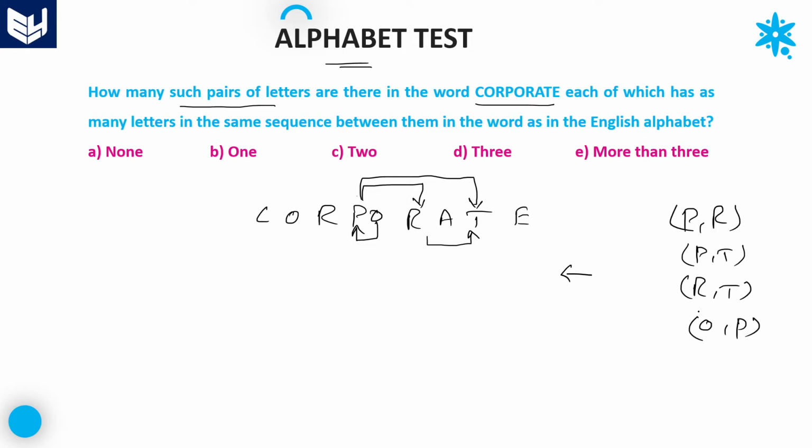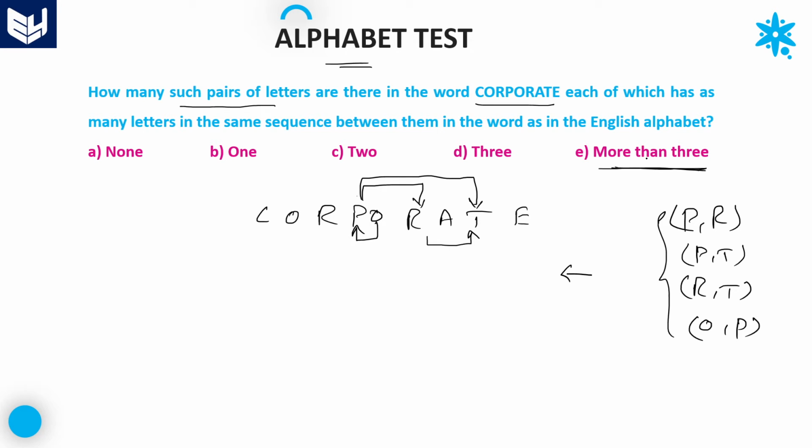See, once you got this fourth pair, now there is no need of checking the remaining pairs. Why? Because in the given options we have none, 1, 2, 3, more than 3. Here we have more than 3.